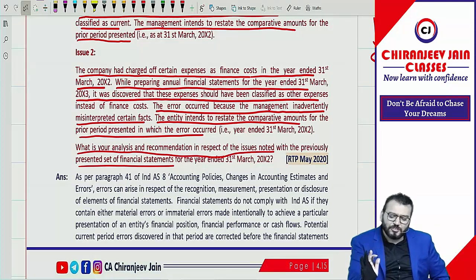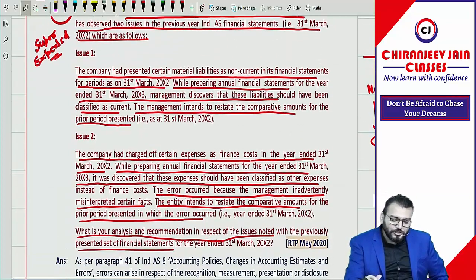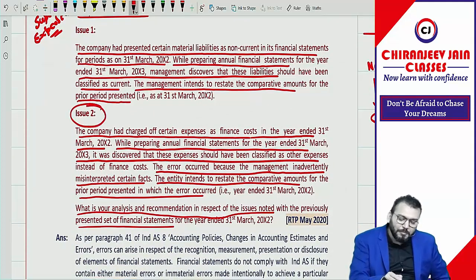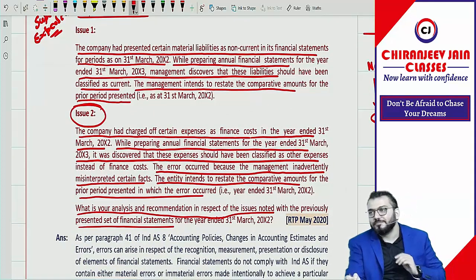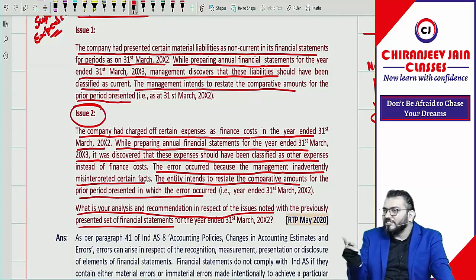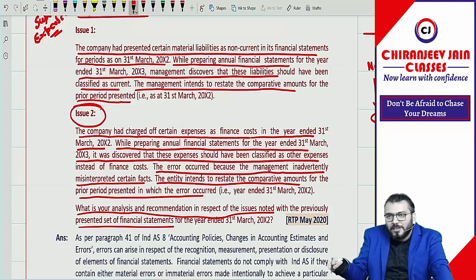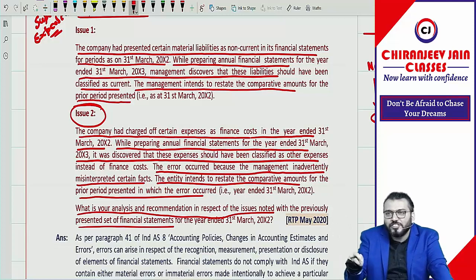Only in the answer one doubt will come, whether the third balance sheet is required or not. My question to you all: whether in issue number 2 the third balance sheet is required. Last year some expenses were treated as finance expenses, which are actually other expenses. So when you correct it in the comparative SOPL, will it affect the information given at the beginning of the previous year?